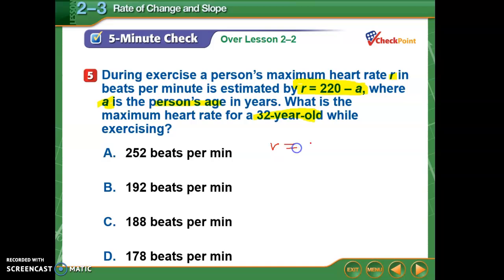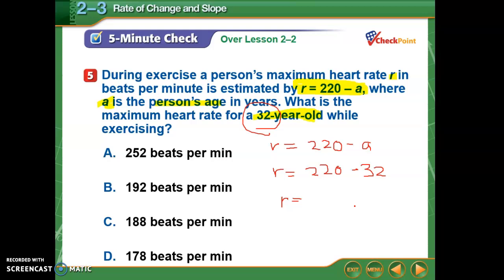So heart rate equals 220 minus A. You are given the age, which is 32. So 220 minus 32. All you need to do is subtract them.